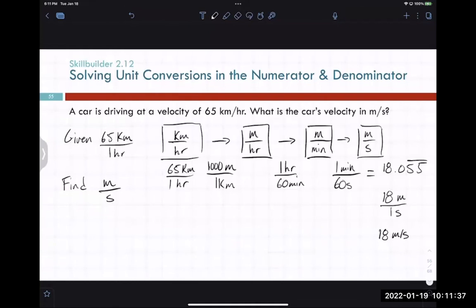Wait, you said we would have to put them opposites together as well, but the meter stayed on top because there's no further. Yes, right. So we converted meters up front. Once we were done with that, then we don't need to convert it, but carry it along so you don't forget that it's still in there.